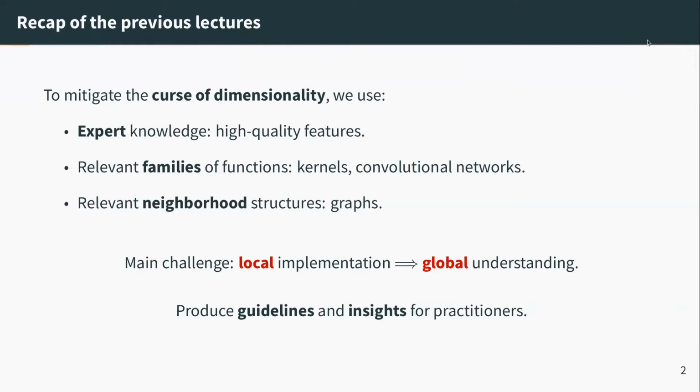Where are we going? Okay. The whole spirit of the class is that we are trying to mitigate the curse of dimensionality by putting more or less domain-specific knowledge into our programs. Because we've seen that naive vanilla statistical programs require an exponential number of samples with respect to the dimension.